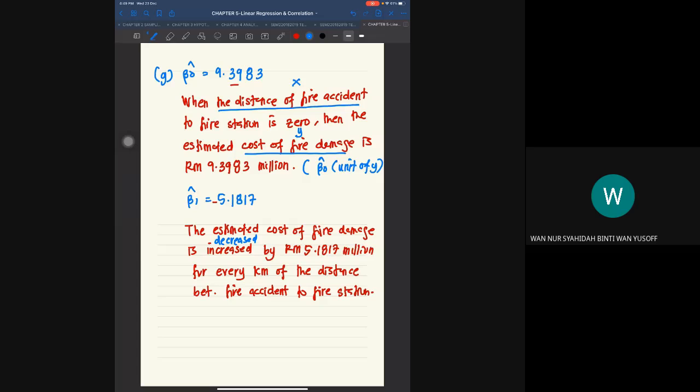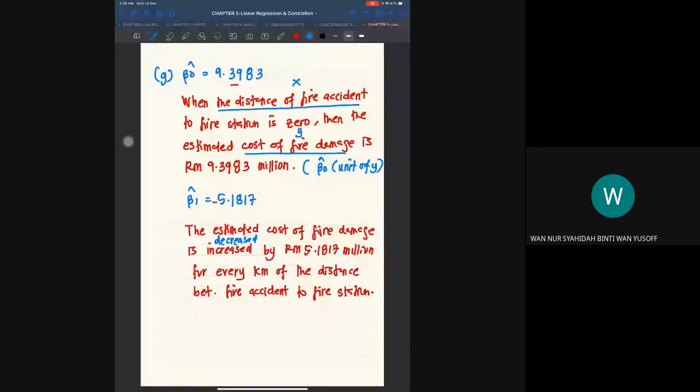Decrease means that we have negative slope. Kalau negatif tak perlu mention negatif kat sini, tak perlu dah mention negatif.